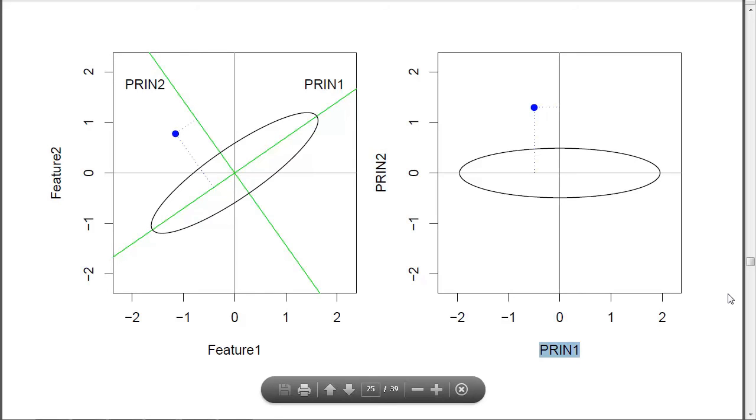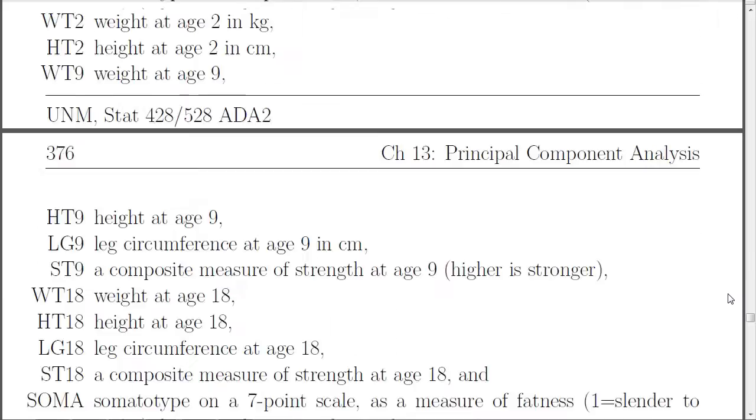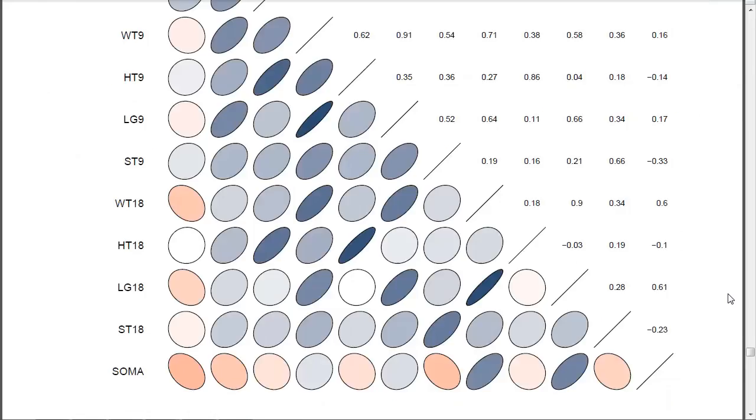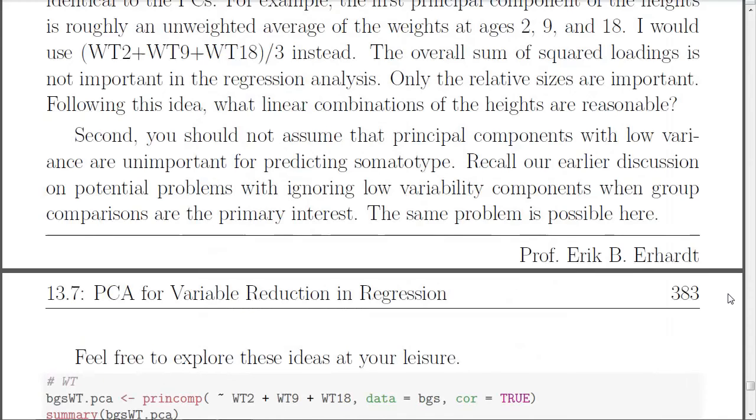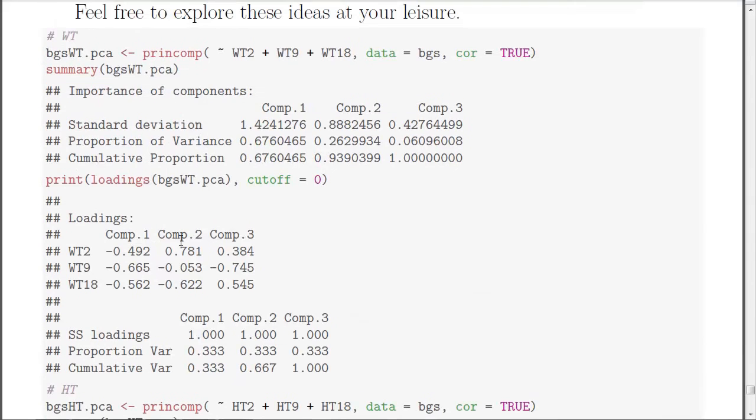So we get those two benefits from using PCA, provided, of course, that it's pretty straightforward to interpret these components, the loadings. In this case, the first component is generally the size, the weight of a person over their growing years, and that's a fairly straightforward component to interpret.